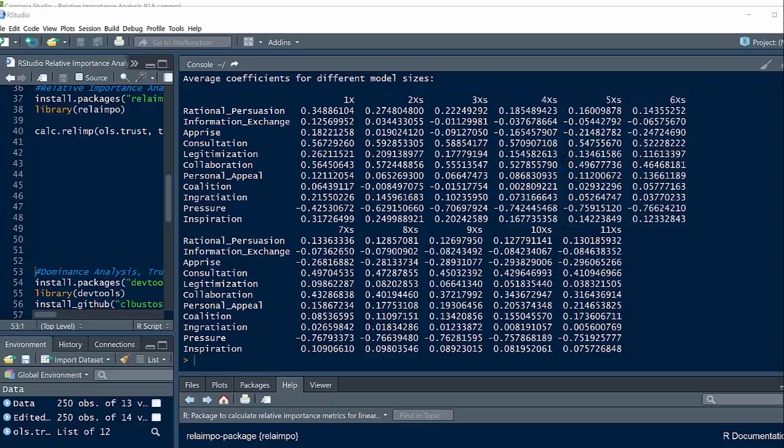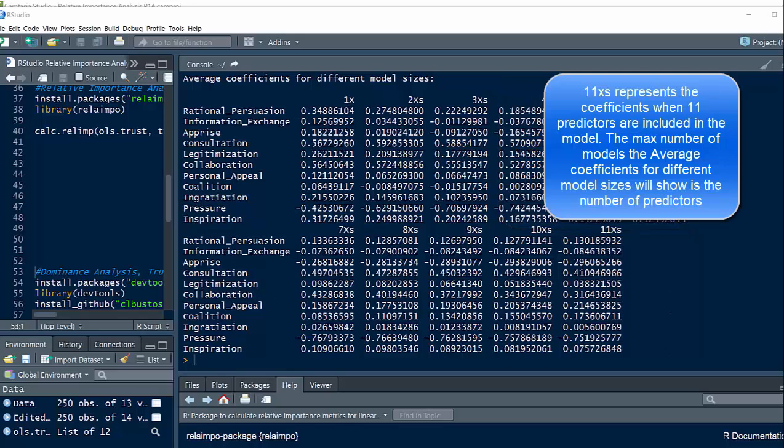We can go all the way to an 11 predictor model. Here, we're seeing unstandardized coefficients as well, and we can only run one possible model if we include all of our predictors within it. And so our coefficients here are going to be the same as what we would observe in our multiple regression analysis.